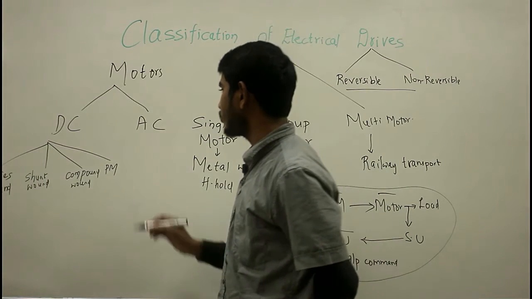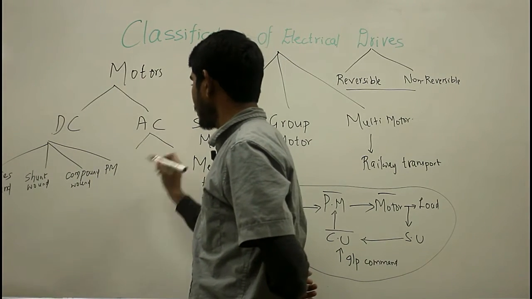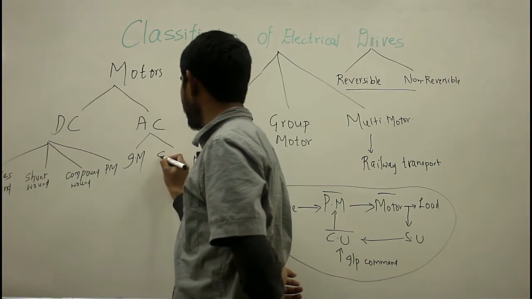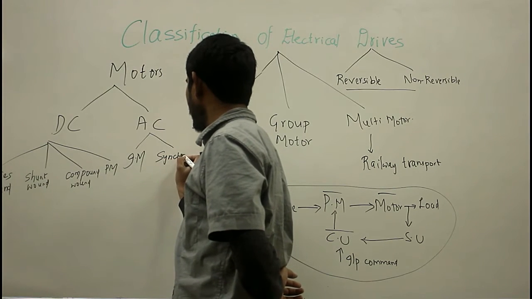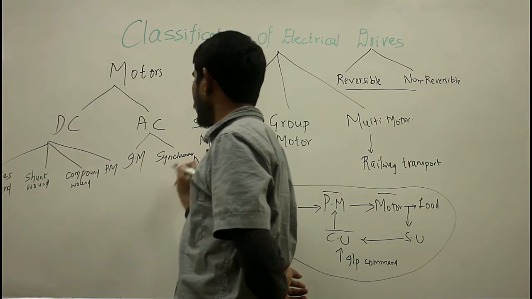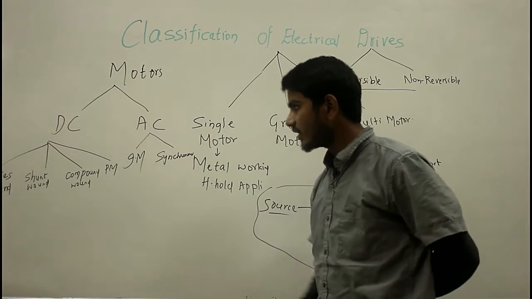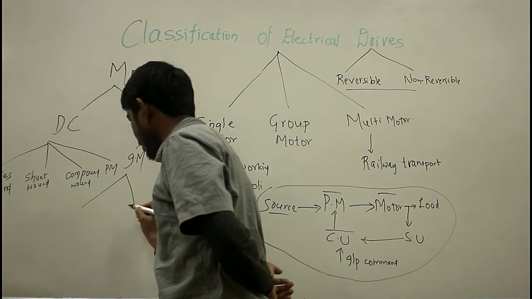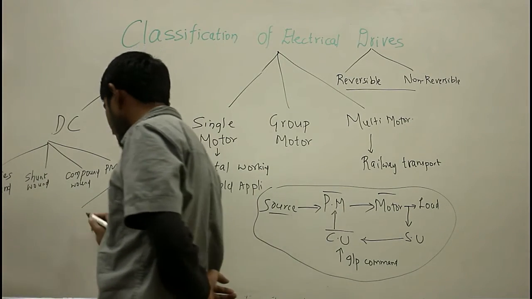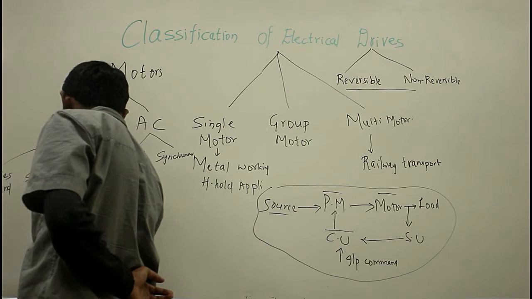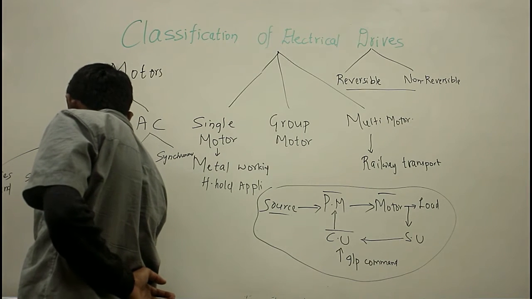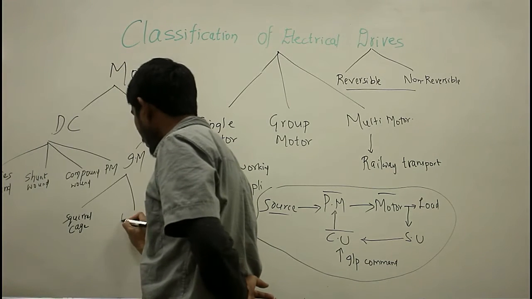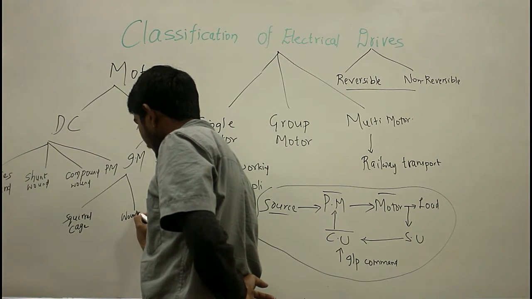Now, coming to the AC motor, we are having here one is induction motor and the other one is synchronous motor. Again, if we classify our induction motor, they are of two types. So, one is the squirrel cage type, and the other one is wound rotor, or you can say slip ring induction motor.